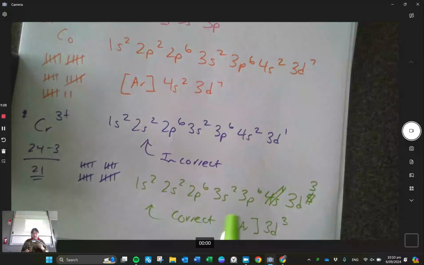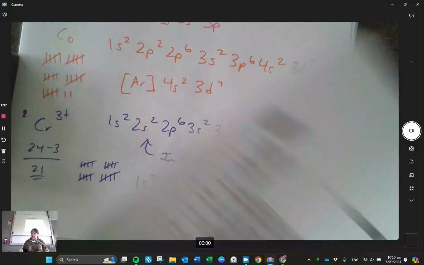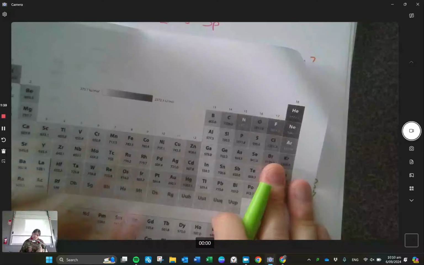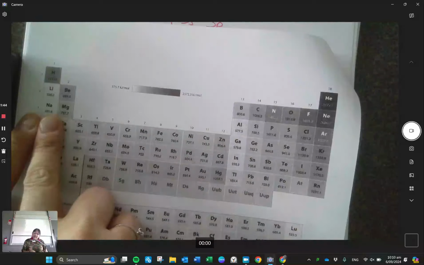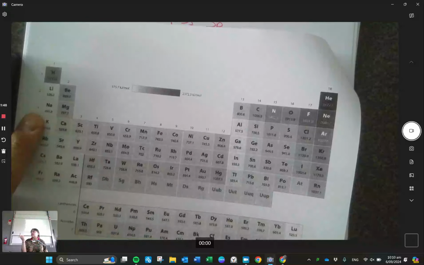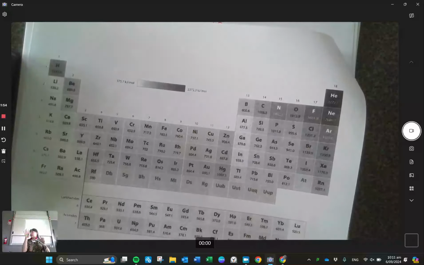Sometimes when it comes to these transition ions, you'll just have the noble gas in brackets, because when you're forming a lot of ions, say for example, if I was forming, so let's say I had sodium, and sodium lost its 1 electron, and I was doing the electron arrangement for it, it's now technically neon, because it's lost that 1 electron. And so if you just wrote on your answer brackets Ne, you'd be done.